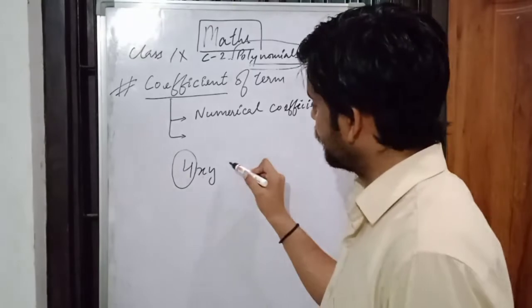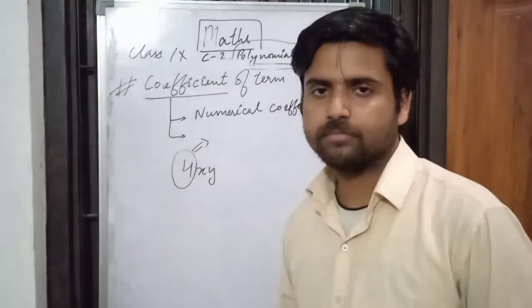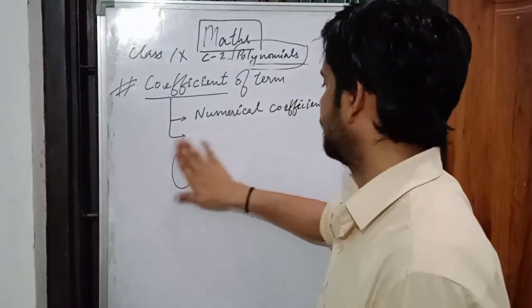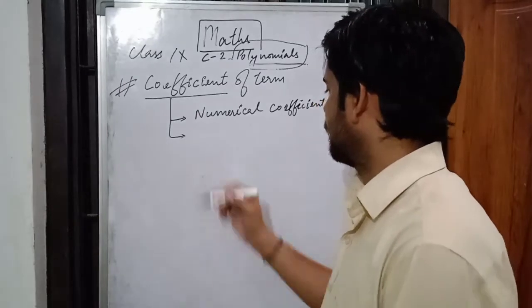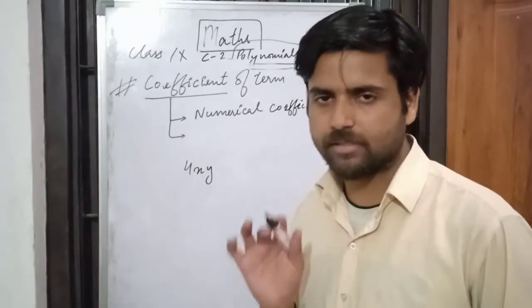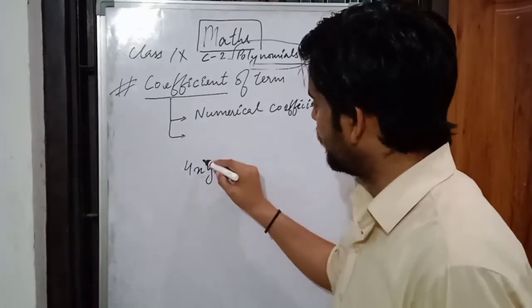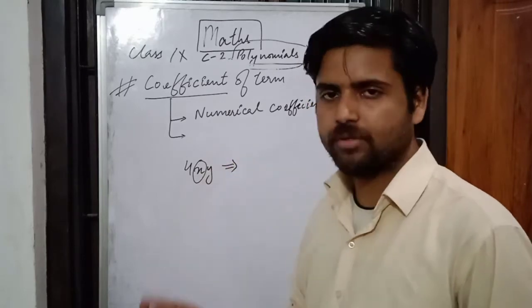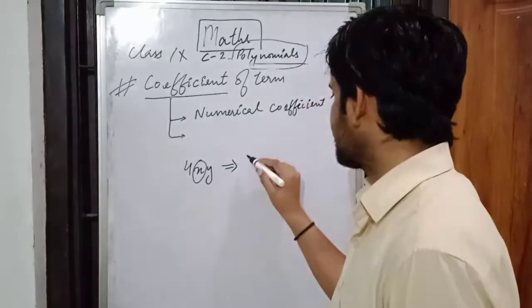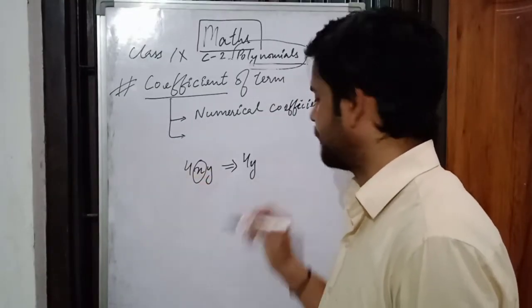So the numerical coefficient of 4xy is 4. But if I ask you what is the coefficient of x, then you will leave this x. Whatever is left after leaving x, that will become the coefficient of x. After leaving x from this term, 4y will be the coefficient of x.